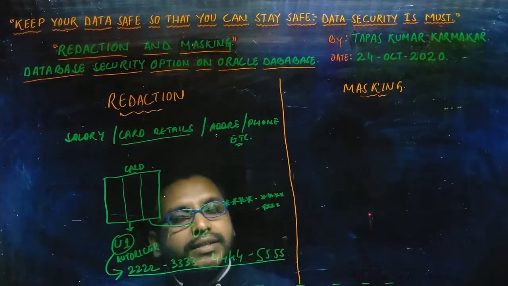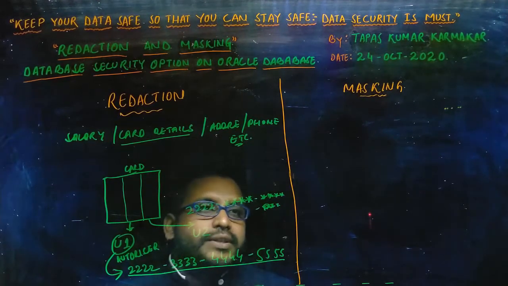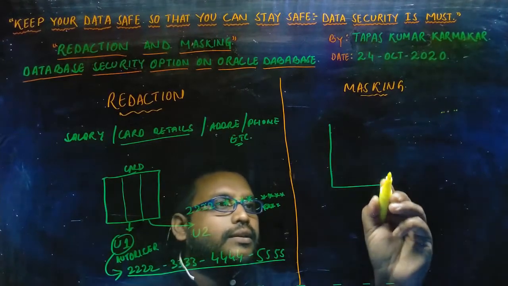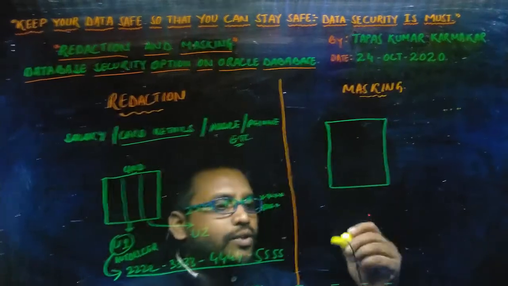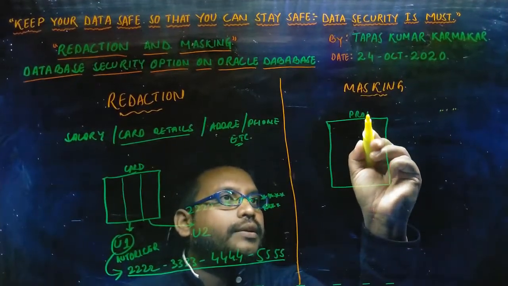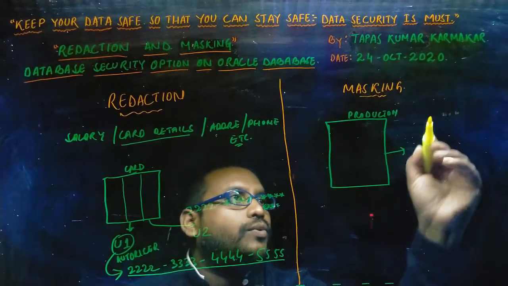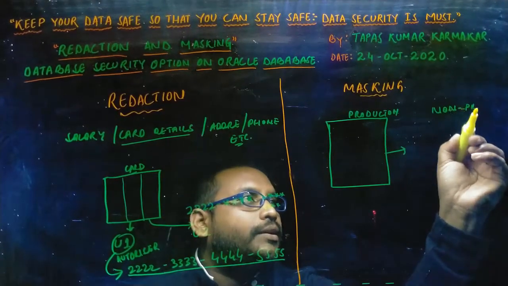So in this respect, masking will help you change the data present in the database. Masking always works in such a way when you transfer the data from the production environment to the non-production environment, non-prod environment.